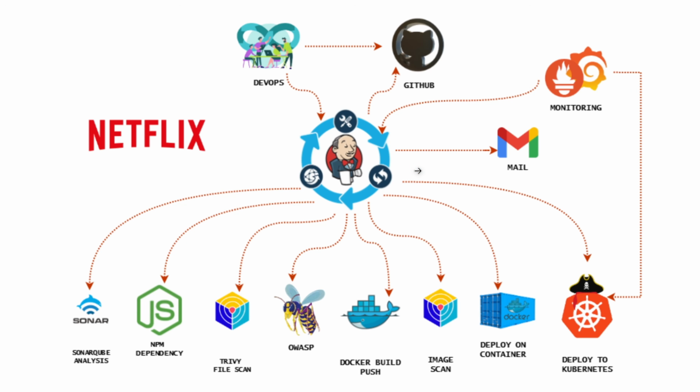Whatever happens till the pipeline completes, whether it fails or succeeds, we are going to get the complete information in our mail. We are going to integrate your email with your Jenkins to see whether the build succeeded or failed. Once this is done, we are going to add some monitoring.